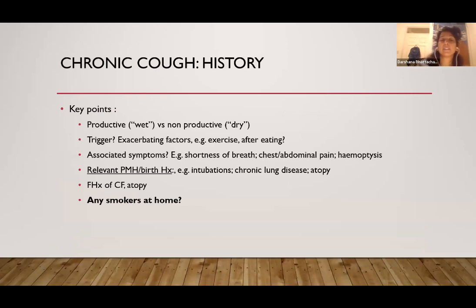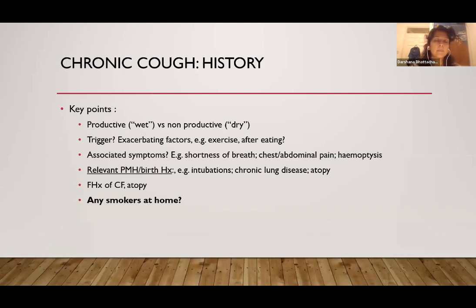So key points in the history of a chronic cough is first to try and determine, is the cough productive? Does it sound wet or is it non-productive, that is dry? Does the cough have any trigger, such as exercise or after eating? So after eating might signify reflux, and after exercise might point towards asthma. Are there any associated symptoms with the cough, such as shortness of breath, any chest or abdominal pain, or obviously, more worryingly, hemoptysis, so blood in the sputum?